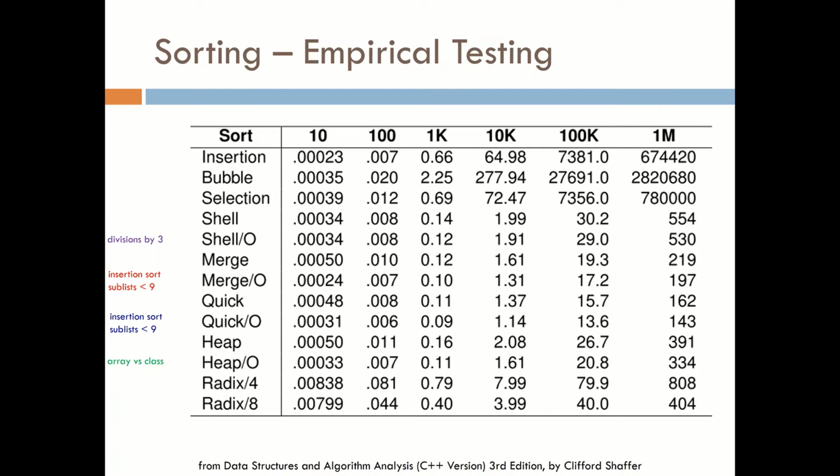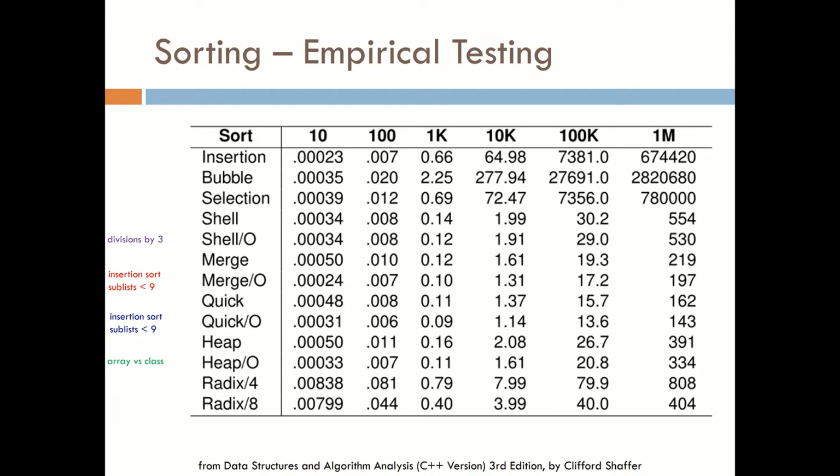So this is the result of some empirical studies done on sorting routines going all the way from 10 items up to 1 million items. The key here is to show how the n squared algorithms really suffer as we start increasing the number of data items.